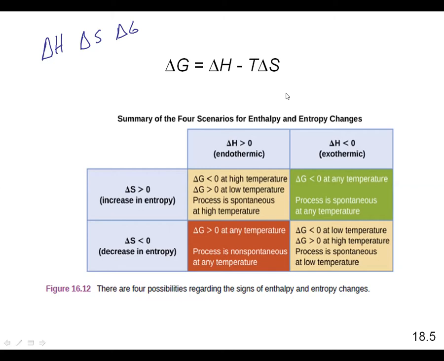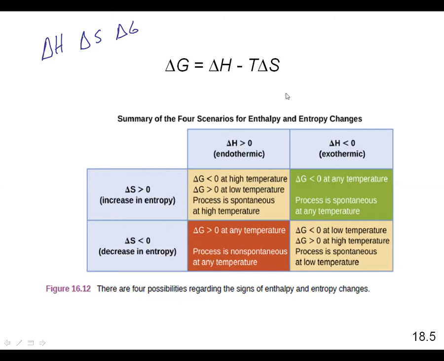Another way that you could calculate delta G is through this equation that we see here up on the screen, which is delta G is equal to delta H minus T delta S. So this would be the equation that you would use if you were given some values like delta H or delta S, or maybe you calculated delta S and delta H, and you would put it into this equation.